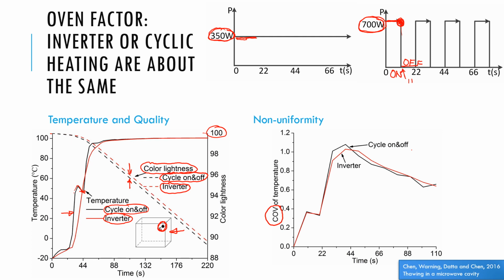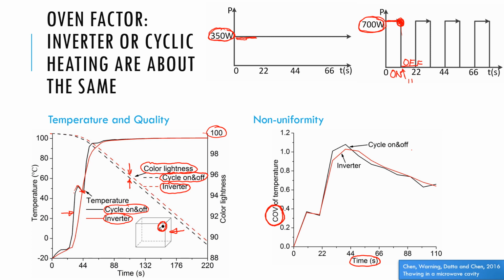So this is versus time. So at any given time, the standard deviation of all the temperature values divided by the mean temperature at that time. So that's what gives the coefficient of variation. So it's a measure of non-uniformity.